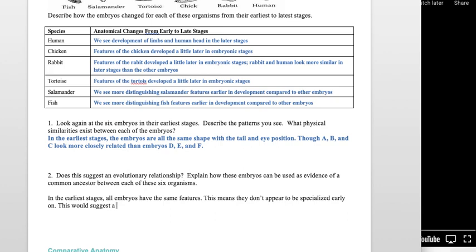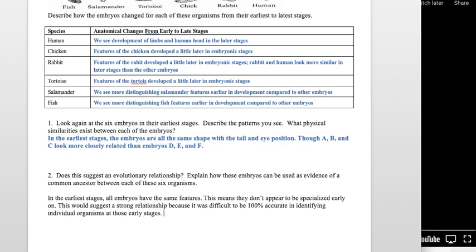This would suggest a strong relationship because it was difficult to be 100% accurate in identifying individual organisms at those early stages.